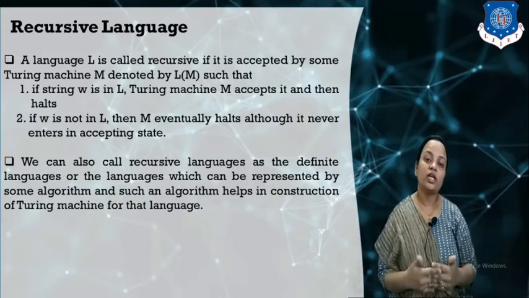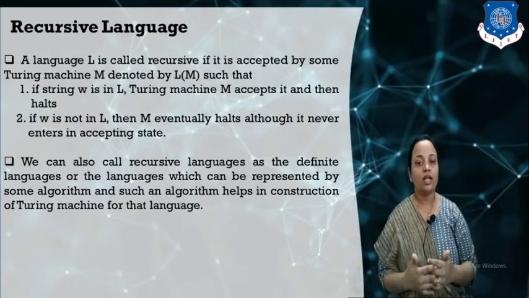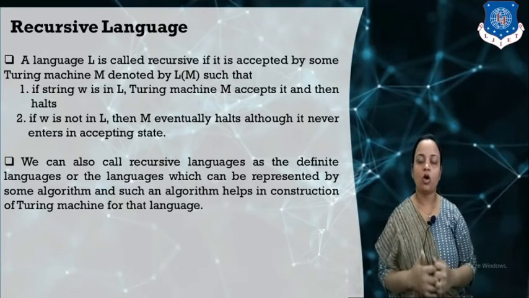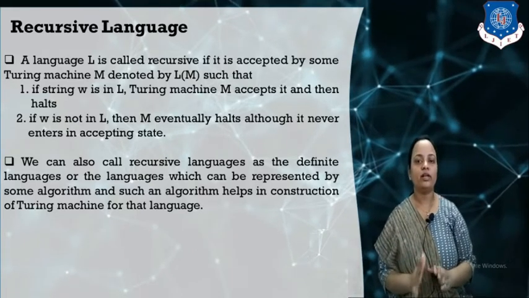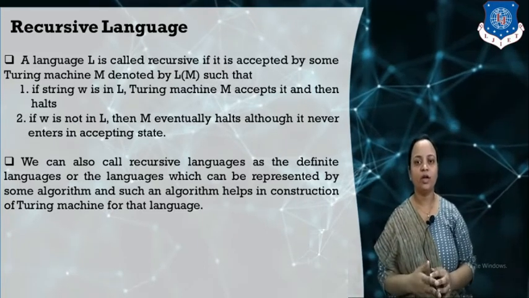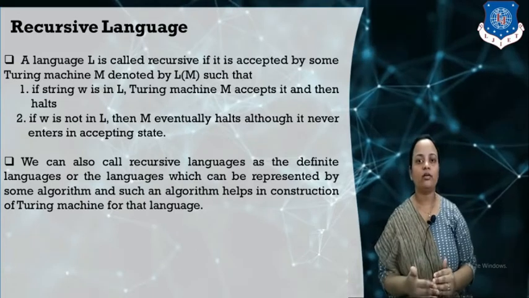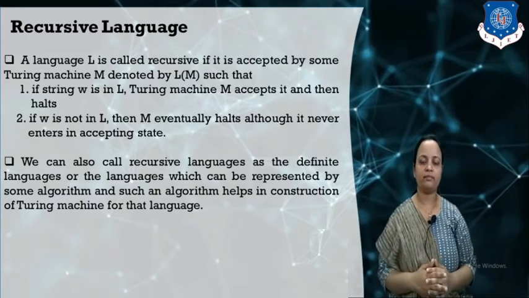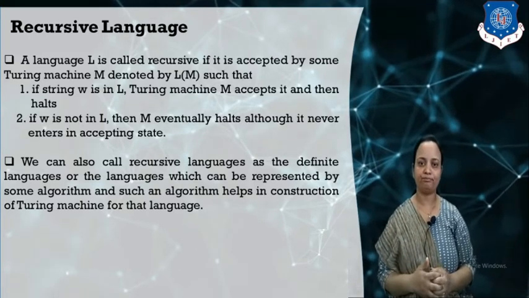If the string is not in L, then M eventually halts, although it never enters an accepting state, but it enters a non-final state. It means that it enters a rejecting state.